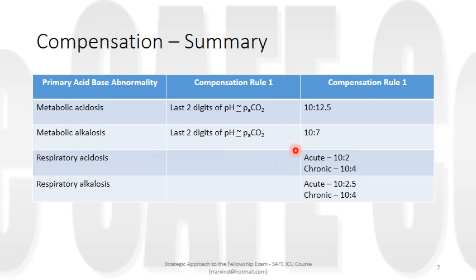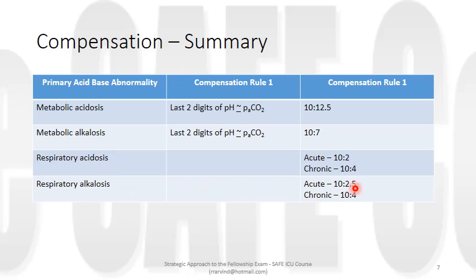For respiratory acidosis, in the acute stages, it's 10:2, which is for every 10 millimeter rise of PaCO2, the bicarb increases by 2 millimoles. For chronic, it's 10:4. For every 10 rise of PCO2, the bicarb rises by 4.